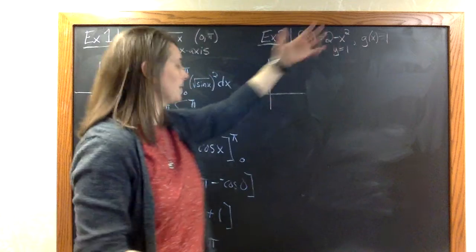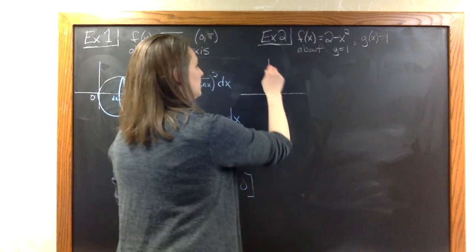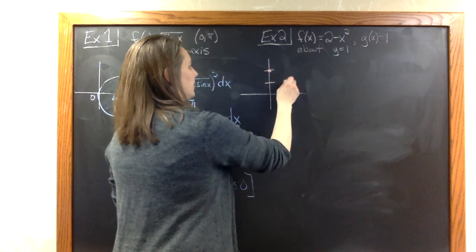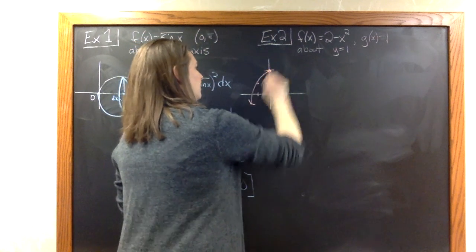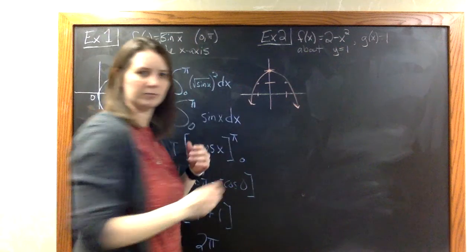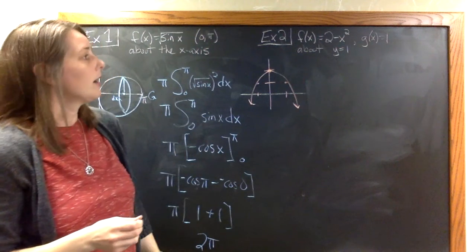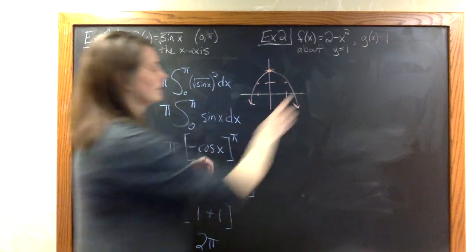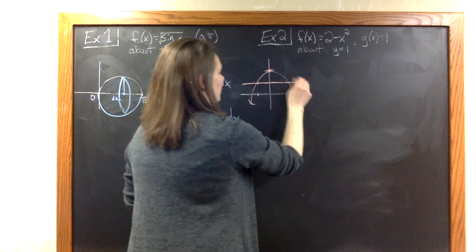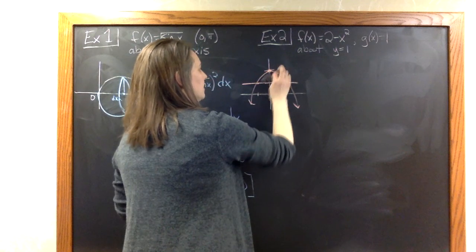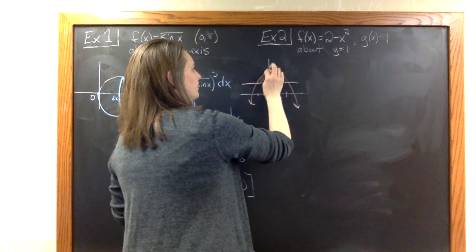F of x, this is a parabola that's going down, starts at 2. Okay, so it looks like this. You see that okay? Yep. All right, and g of x, this is just a line y equals 1. So this is the region that we're revolving.